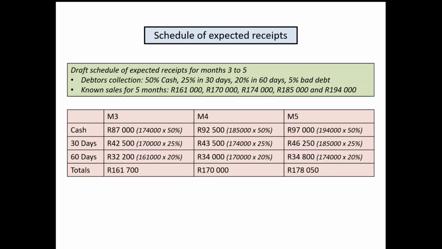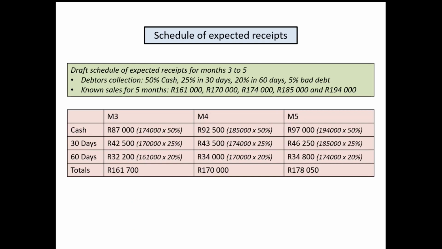If we look at month 3, there is month 1, 161. Month 2, sales of 170. Month 3, sales of 174 rather. And then in month 5, sales of 185. And in the last month, sales of 194. Now look carefully what is happening here.